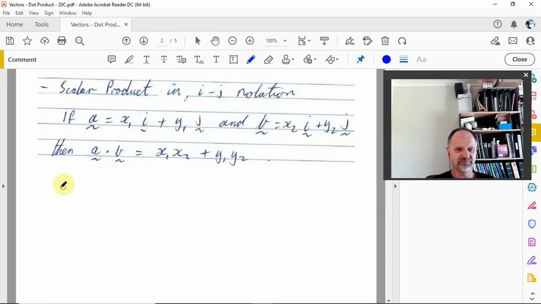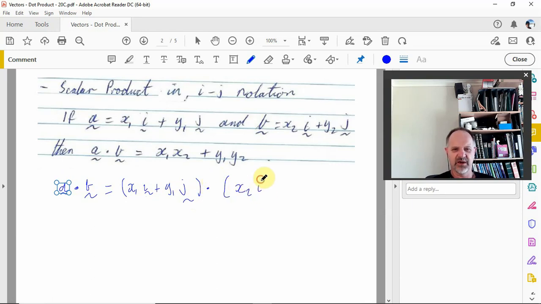So if I was to do that and say I've got my vectors x1 I plus y1 j dot product with x2 I plus y2 j, and then I did that dot product, then what I would have is these two together, x1 x2, and then cos of the angle between the I components.